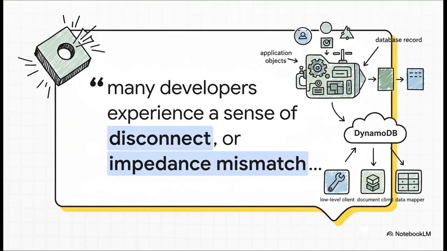The official documentation actually has a great name for this, an impedance mismatch. It's that feeling of trying to shove a square peg into a round hole. What it usually means is developers end up writing a ton of extra boilerplate code just to translate their application objects into a format the database gets, and then translate it all back again. This is exactly where the different SDK interfaces come in to help us out.